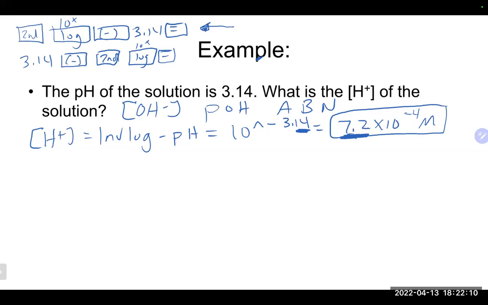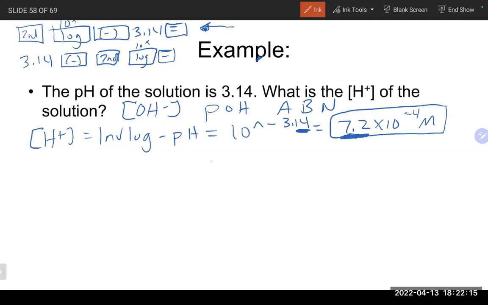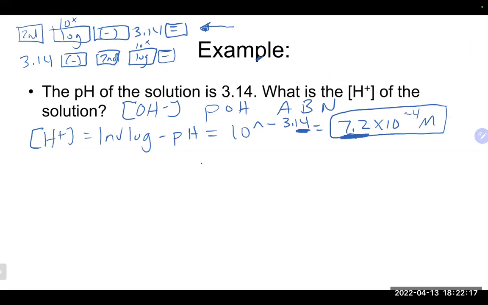Now, to answer the question that was asked a second ago, if you wanted to at this point, you absolutely could go into the Kw, and you could just do the OH minus this way, like we did previously, and it's perfectly good.